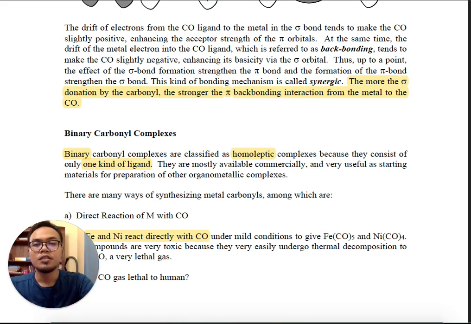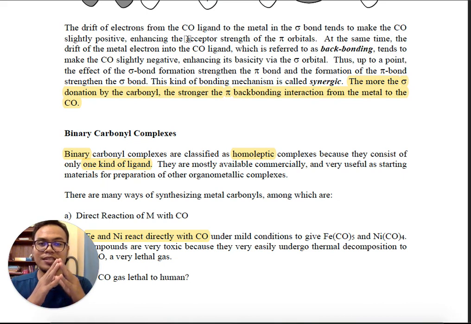So the drift of electrons from carbonyl ligand to the metal in the sigma bond tends to make the carbonyl slightly positive. That's why I said just now, it will enhance the acceptor strength of the pi orbitals. But at the same time, the flow of electrons from metal into the carbonyl will make your carbonyl slightly negative.